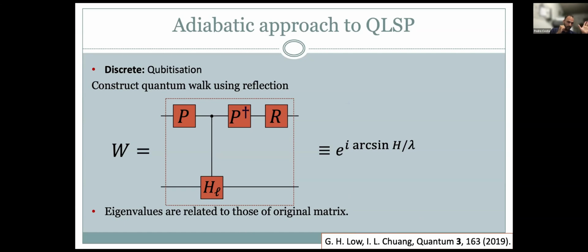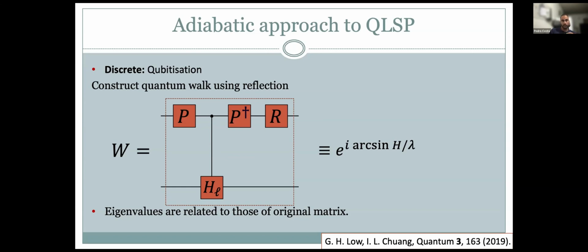You can plug this in: you have the information about the Hamiltonian, you see the gaps, and you can derive some order scaling, using the adiabatic theorem, of how slowly you should evolve your time-dependent Hamiltonian to get the desired solution. But if you do that in the continuous version, you have to use the Dyson series kind of approach.